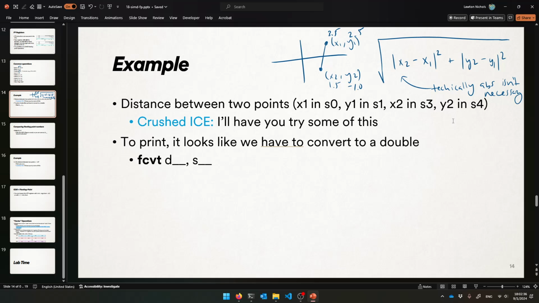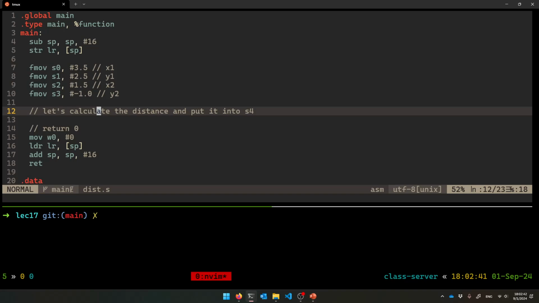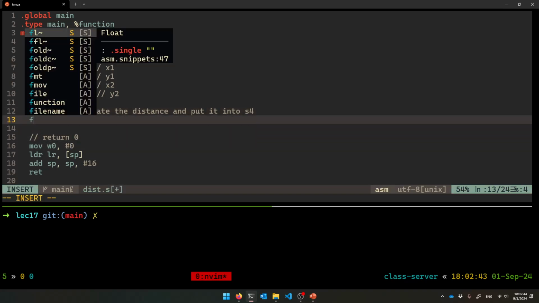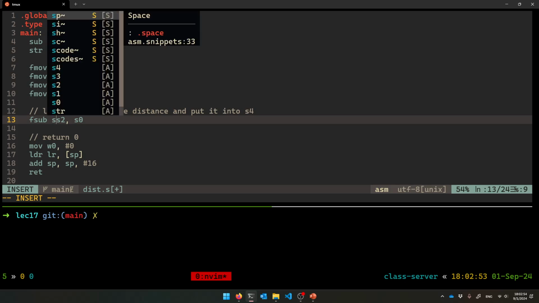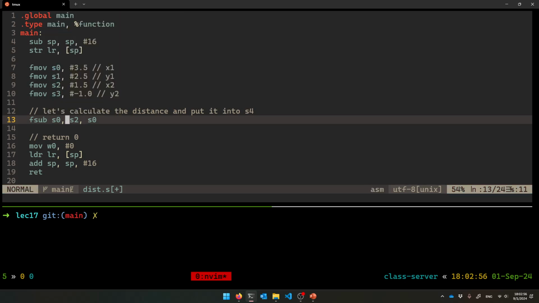The first thing we have to do is subtract the x's and the y's and take their absolute value. So let's do f sub of x2 and x1, so s2 minus s0. We can put the answer back in s0, since we don't need the originals anymore. So that's x2 minus x1.